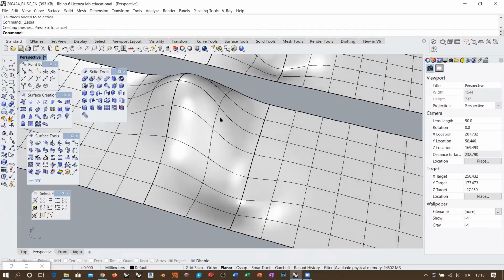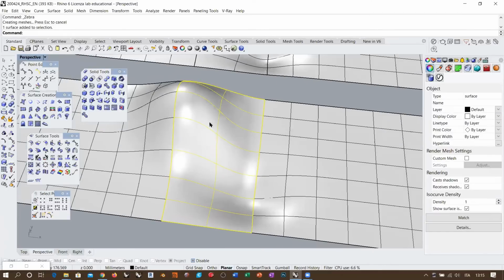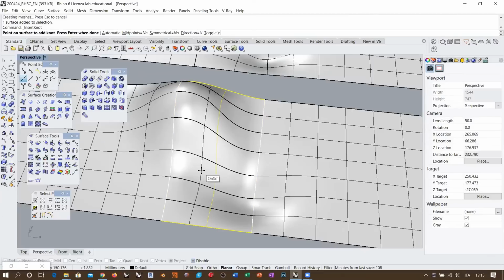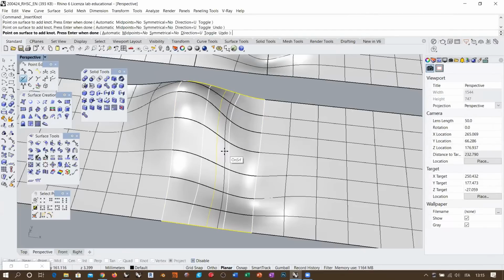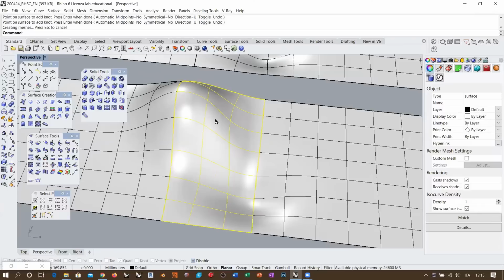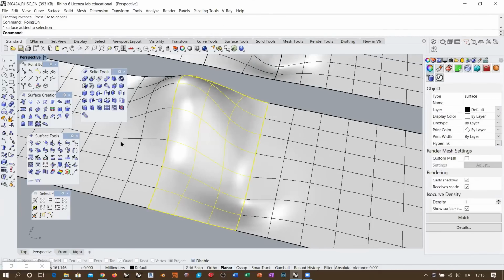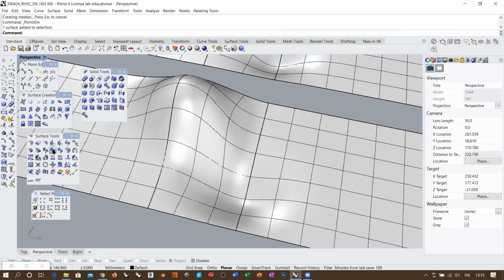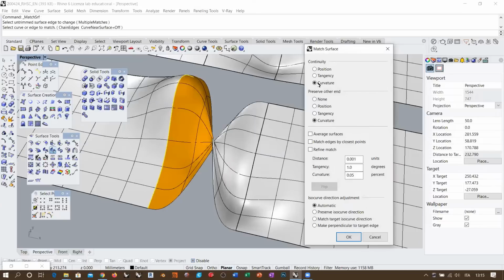Sorry about that. But in this case, for example, I would eventually add knot lines along this surface here, a couple of knot lines like this. I'm creating regular spans, as you can see. So we get this, and now I will match this edge with this one.